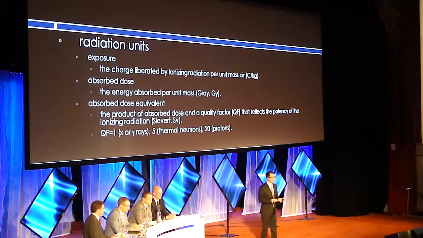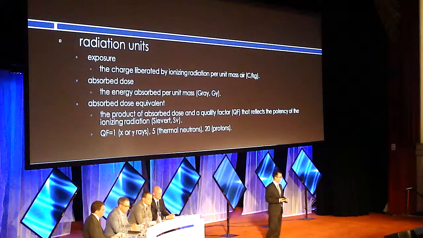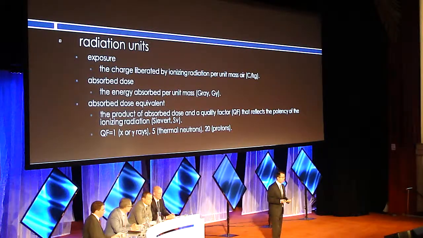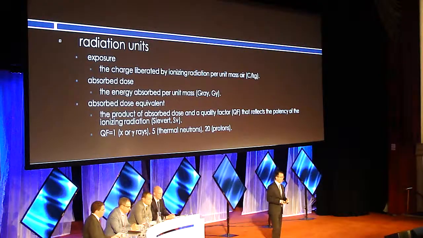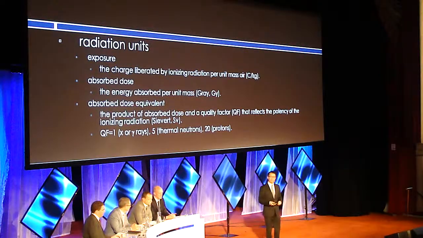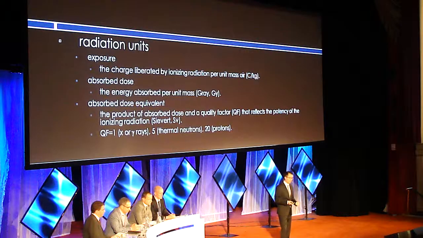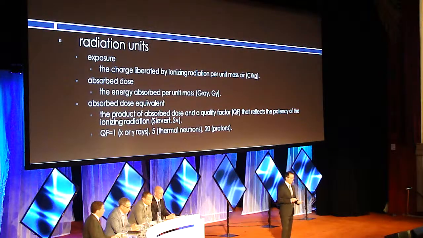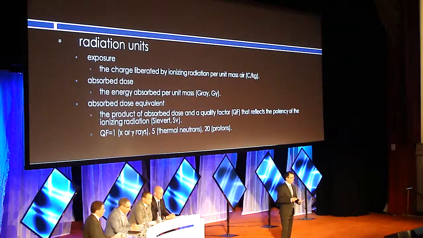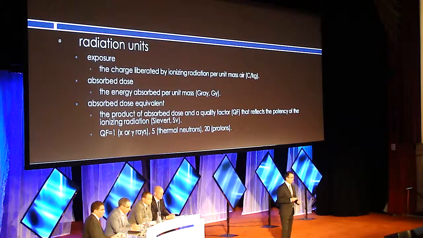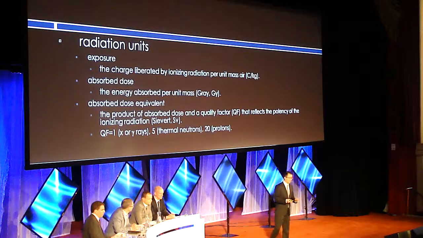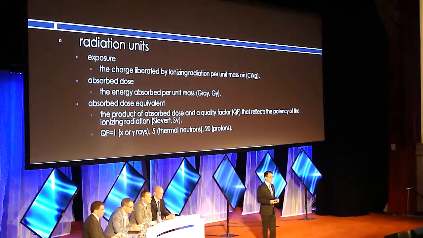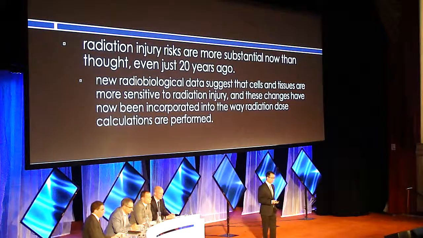What we actually are more interested in are numbers that reflect the absorbed dose, which is now measured in gray, or the absorbed dose equivalent, which we measure in sievert. For X-rays, the absorbed dose and the absorbed dose equivalent are essentially the same thing. So you can sometimes use those units interchangeably.